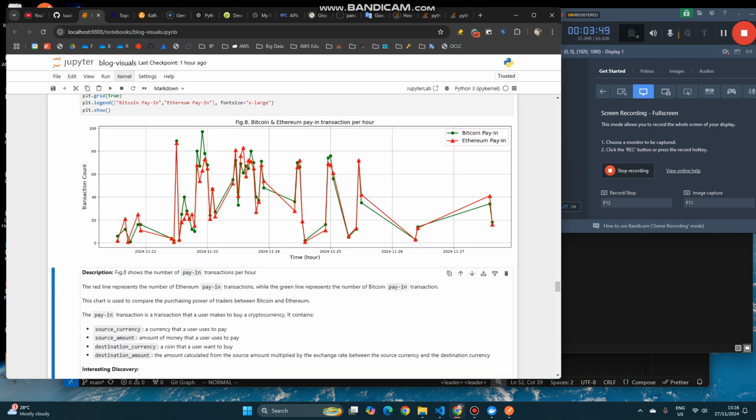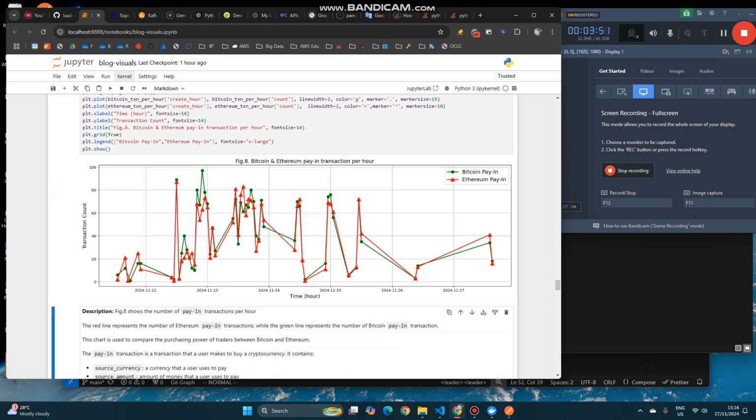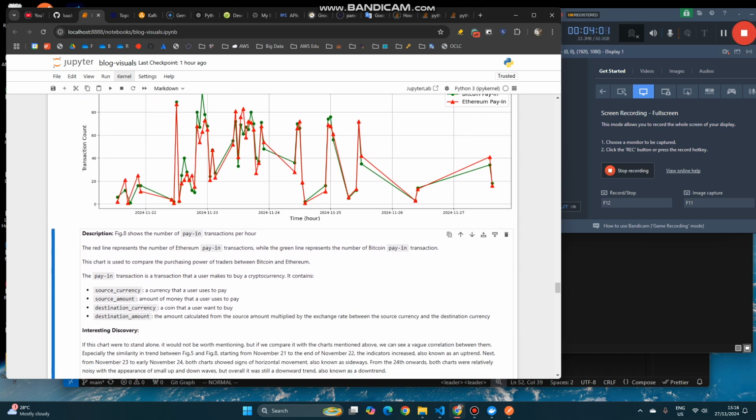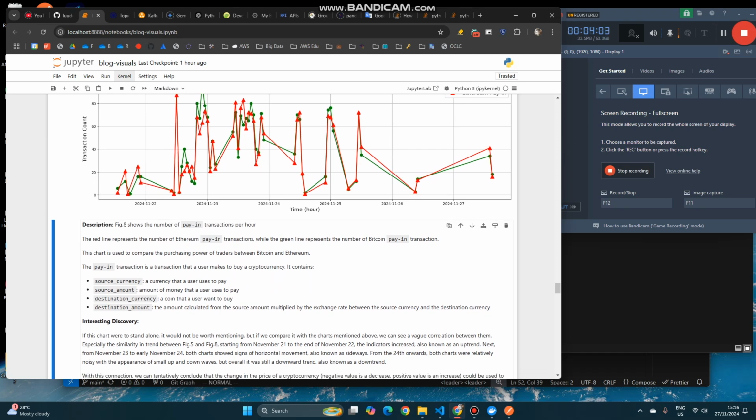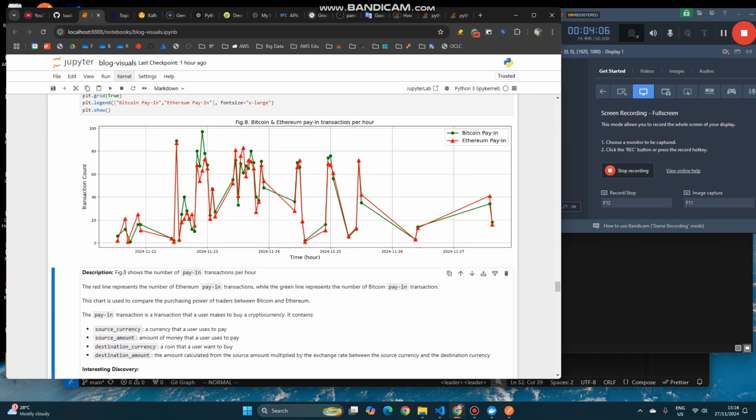So after we smooth it, we can see this plot is to compare the number of the Bitcoin and Ethereum transaction per hour. So the blue line is the number of the Bitcoin transaction per hour, and the red line is the number of Ethereum transaction per hour.